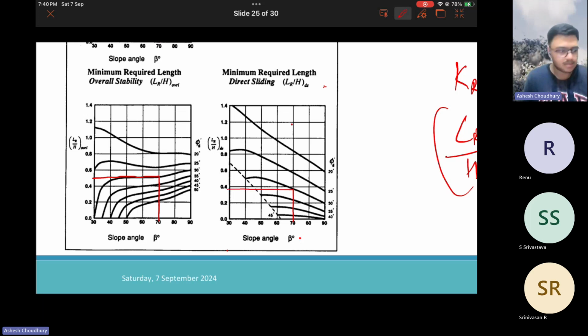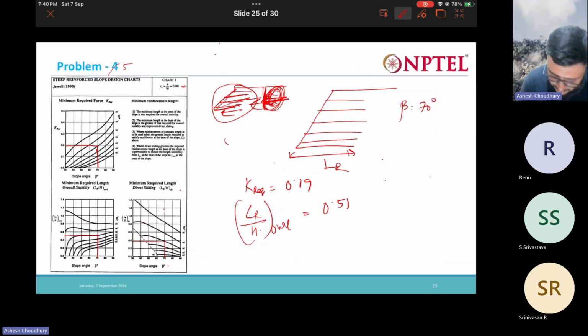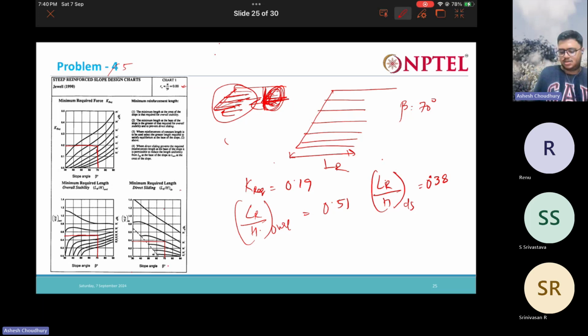See, like this, so from here we can take approximately 0.38. So LR by H direct sliding is 0.3. So this we got.